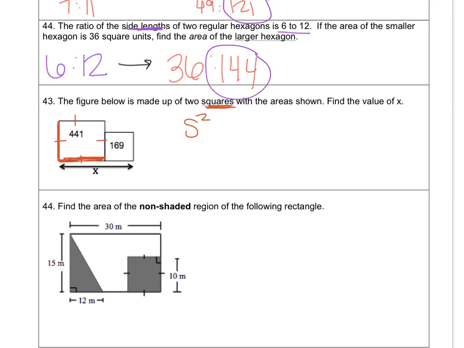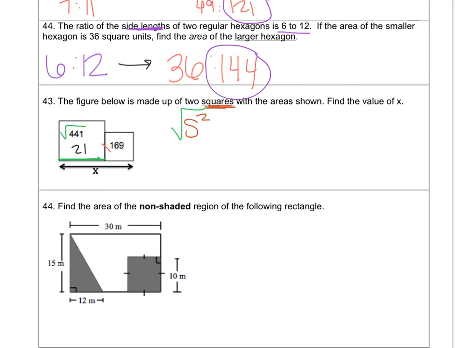How can you undo something that's squared? You're going to have to take the square root. So really you're just taking the square roots of these values to find the side length. If you take the square root of 441, you're going to get a side length. Let me erase this. You're going to get a side length when you take the square root of 21. So this distance right here and all the distances in that square is 21.